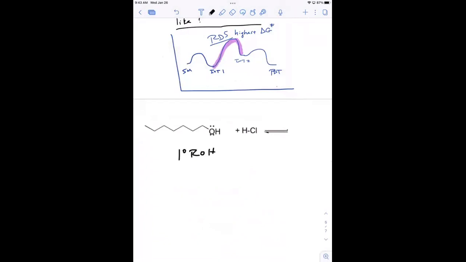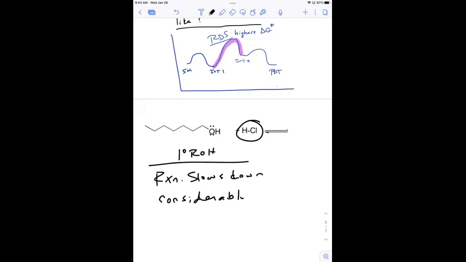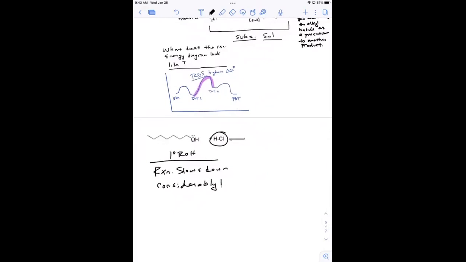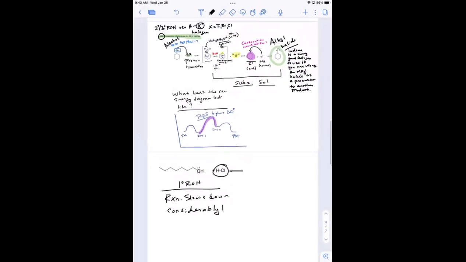And for a primary alcohol using HX, the reaction is going to slow way down. All right, so let's think about why. Does anybody have a hypothesis as to why, if we use HX with a primary alcohol, the reaction would slow down? Think about what we just did up here.